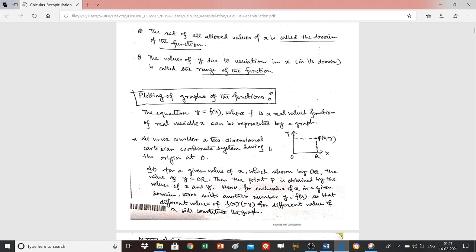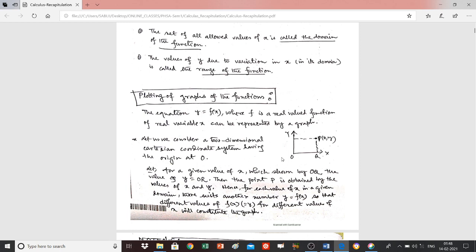To do this, we use Cartesian coordinates, that is Ox and Oy, which intersect at the point O. Let us say that x varies in the x direction, and y varies in the y direction, and for each value of x, the corresponding value of y, that is f(x), should be presented in this graph in the y direction.